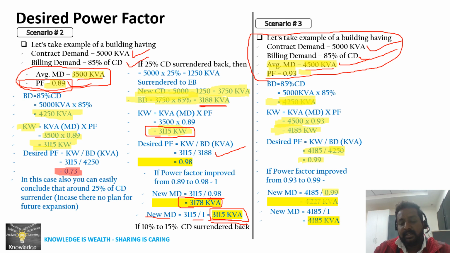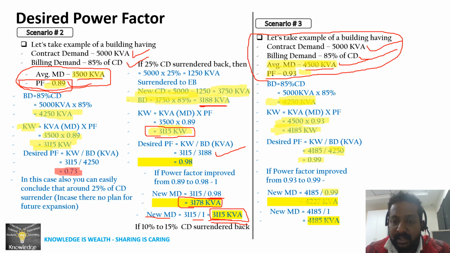So in this scenario, instead of getting additional contract demand from BESCOM, because we already reached 4500 kVA against the billing demand of 4250 kVA, the EB authority will give you a letter to increase the contract demand.